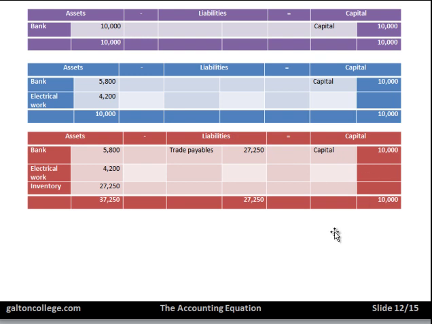But if you add the capital to the liabilities, you get the assets. That's important. That's the equation. Capital plus liabilities equals assets. Simple. That's what you need to know.